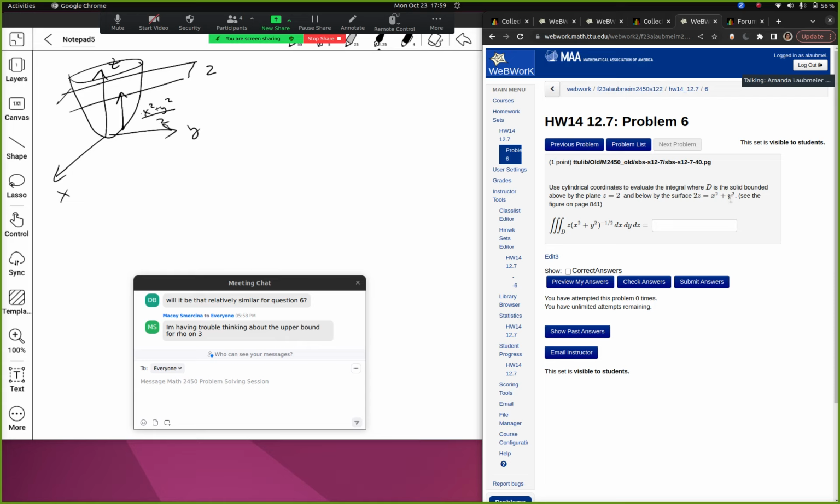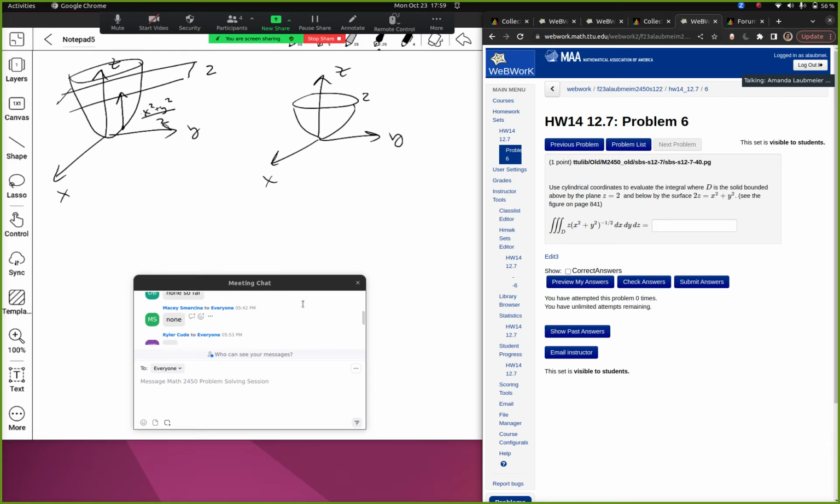Like that, and you would just convert to the polar coordinates. It says see this figure in your textbook, but it's going to be about this. It's that shape. David, is that an answer to the question you were asking? And then Macy, I see your question. I'm going to do it next. Okay, great.